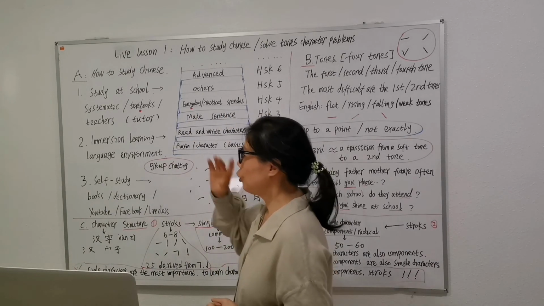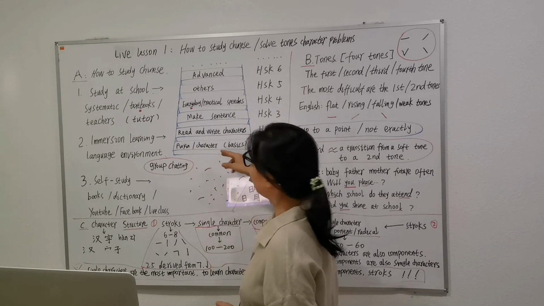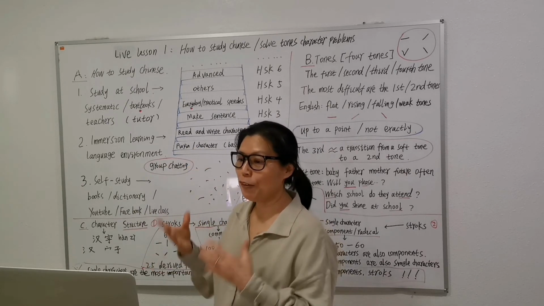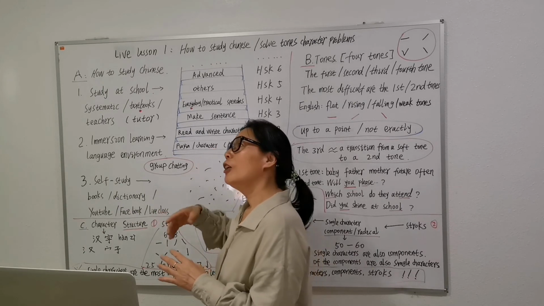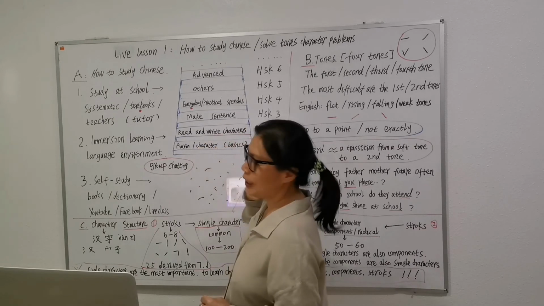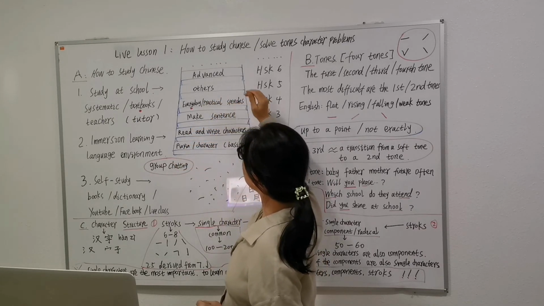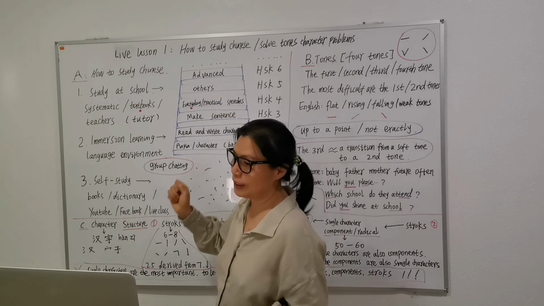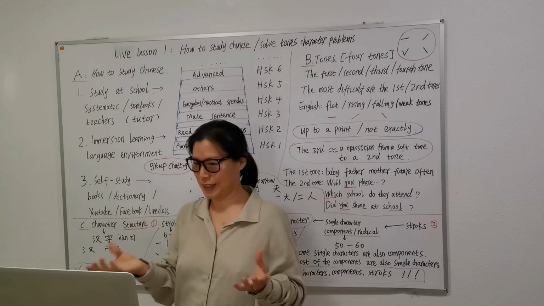First, you go to YouTube, you look for pinyin and character lessons. After you master the pinyin and the characters, you can go on to look for reading and writing characters and making sentences, everyday speeches, other advanced content. You can arrange yourself a system.